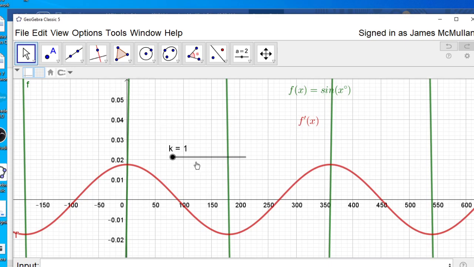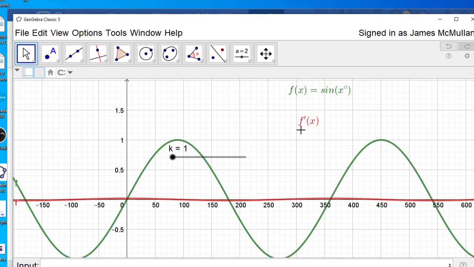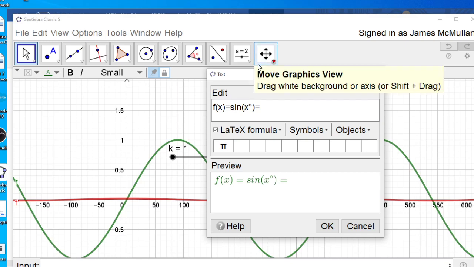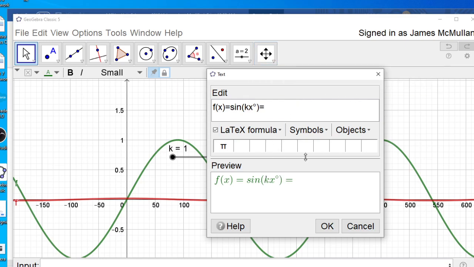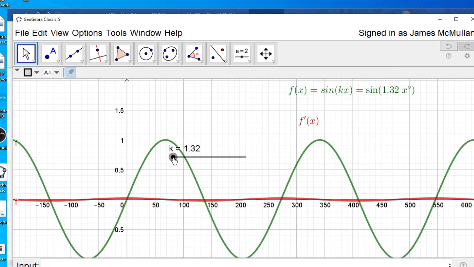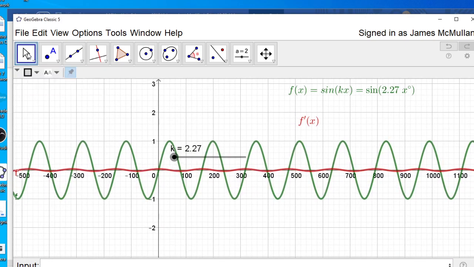Now, it turns out that if you change the period of sine, so let's change the period, what we're going to do here is multiply. We're going to put a k value in there. Let's get rid of this degrees sign, and then I'll show you what we're doing here. If I change the period, let's just look at this from a distance.